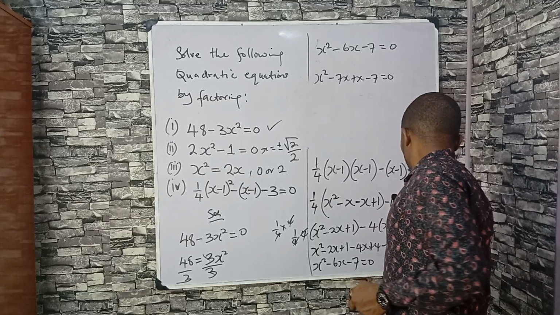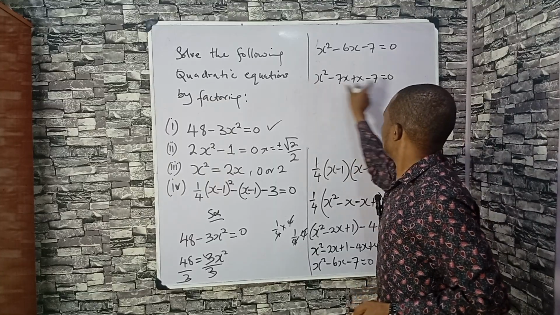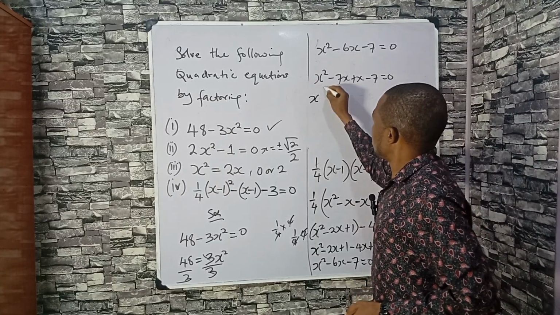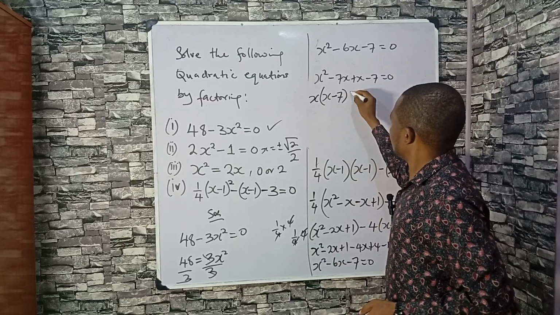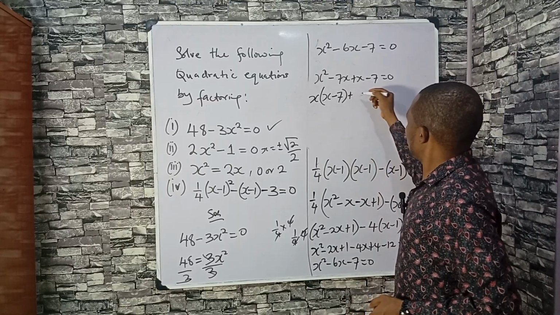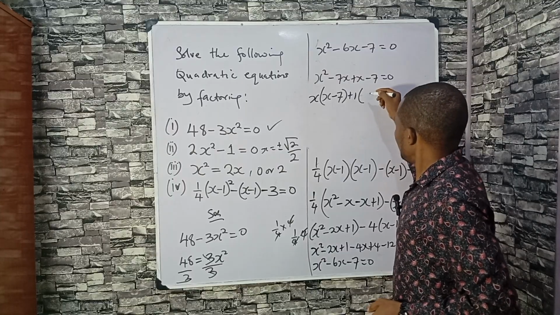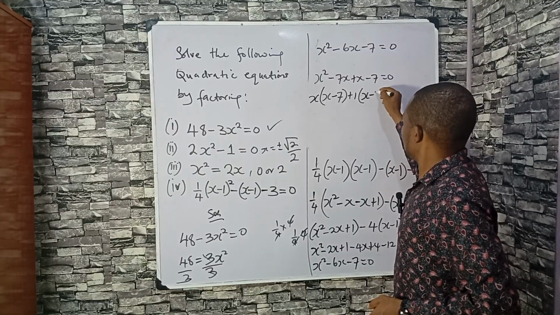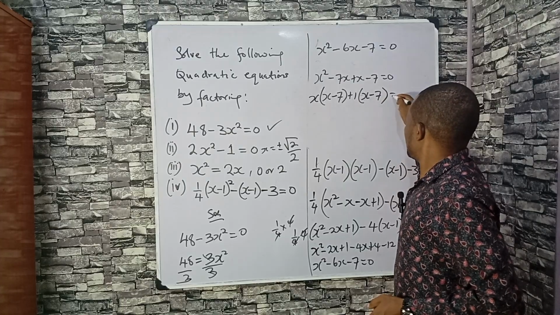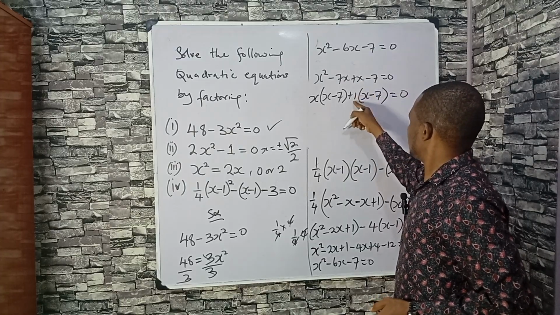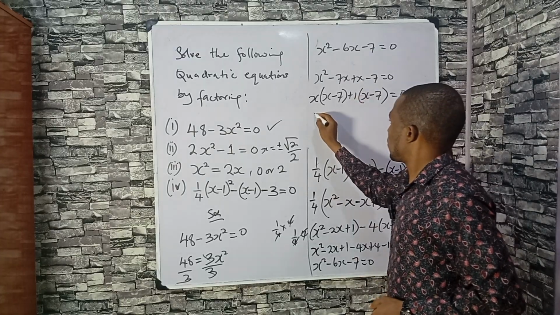Then we group this and this. x is common here, we have x minus 7. What is common here is plus 1. Same x minus 7, because if you multiply again to check, we are correct.